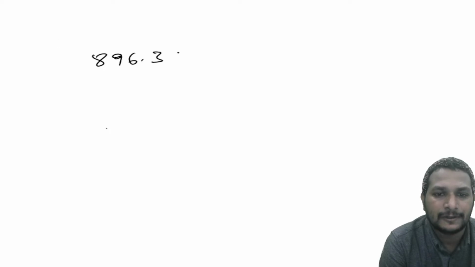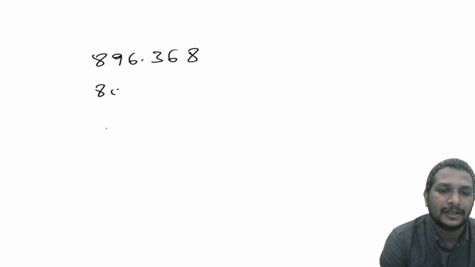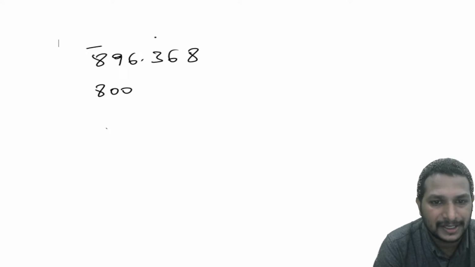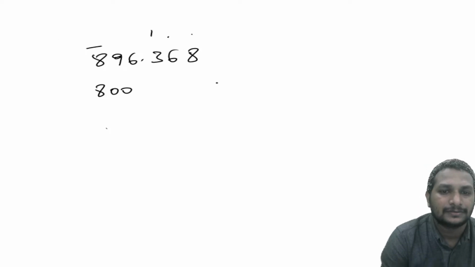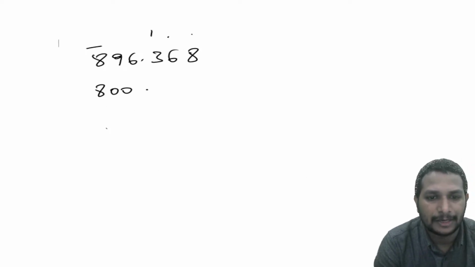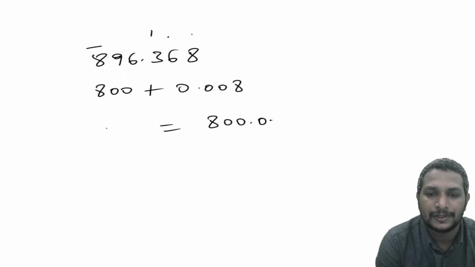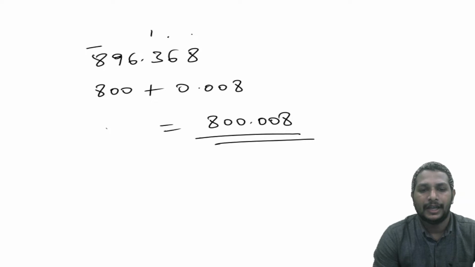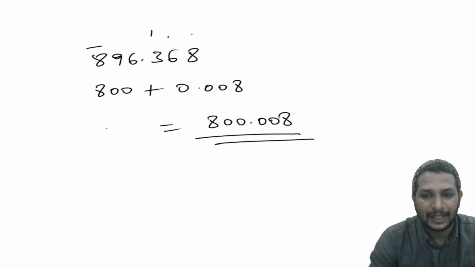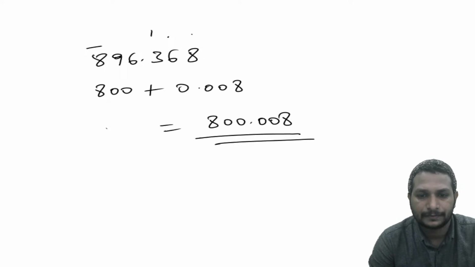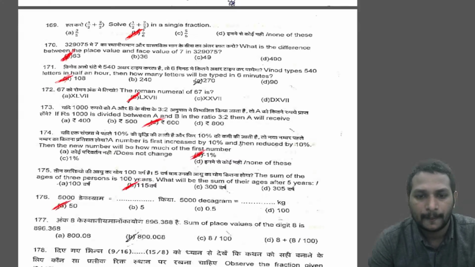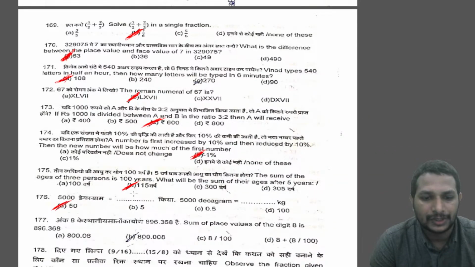Place value of 8 is 800, then 1 by 10th, 1 by 100th, 1 by 1000th, right? 800 plus 0.008 is 800.008, the answer for this question. That's nothing but option B.